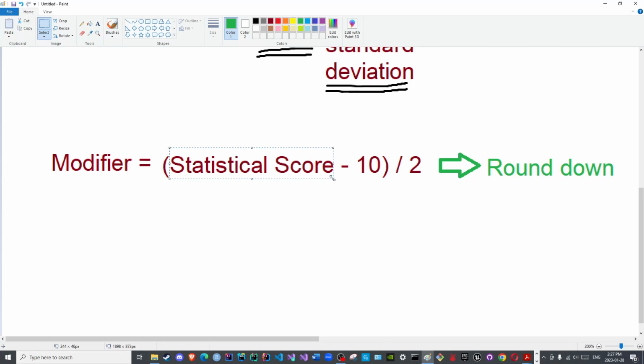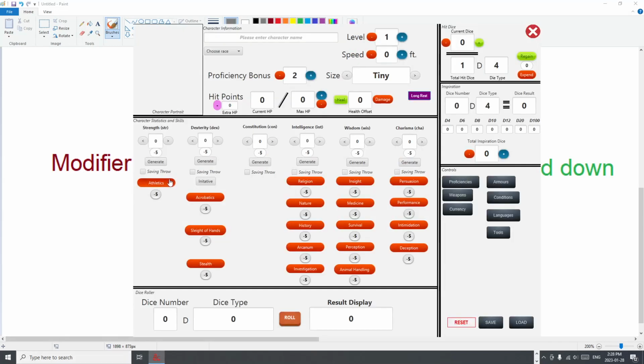There are multiple methods. There's the system known as point buy system, where you start similar to what you see in video games. You start with a total of 27 points, and then you distribute them amongst the different statistical scores as you see fit until you have expended all of the points.